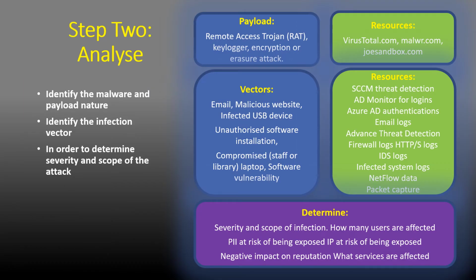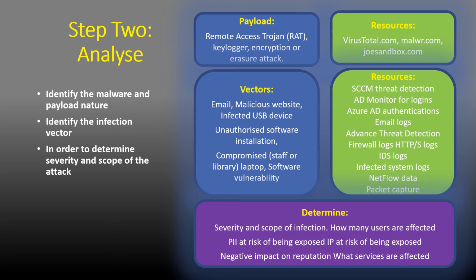Step 2. Analyze the situation. Try to identify the malware and the nature of its payload. Also try to identify the infection vector using the resources identified here and any other analytic resources that are available to you.